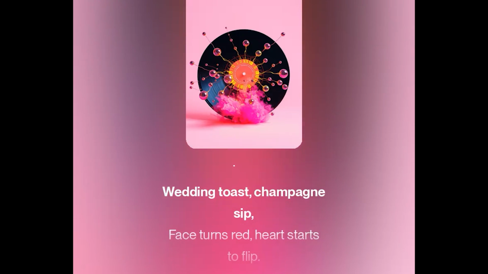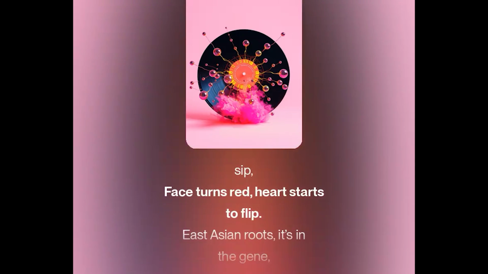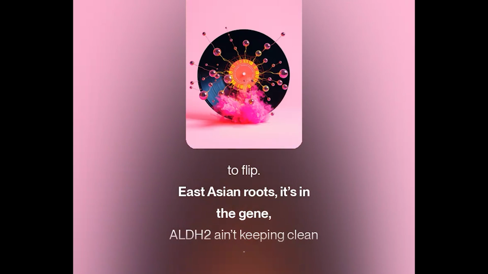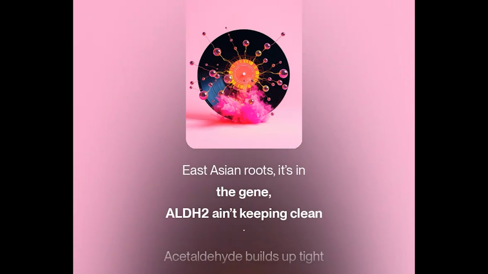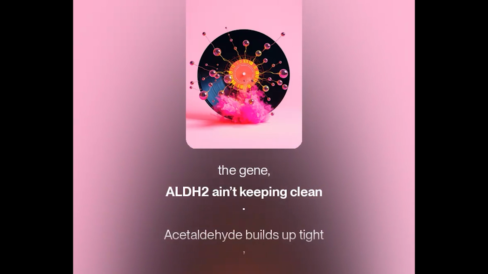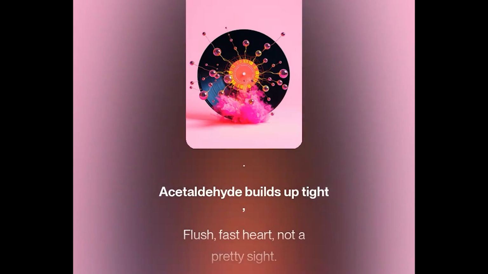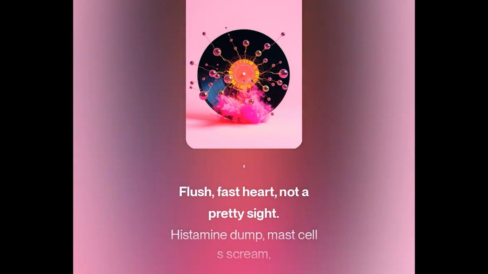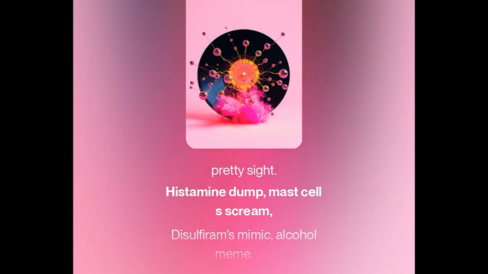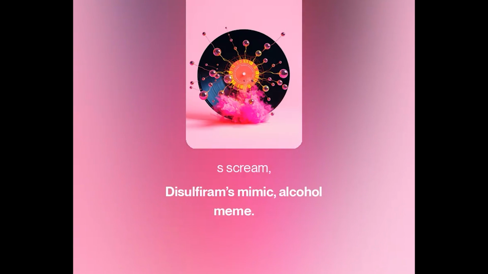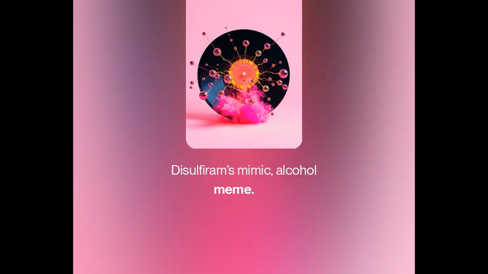Wedding toast, champagne sip. Face turns red, heart starts to flip. East Asian roots, it's in the gene. ALDH2 ain't keeping clean. Acetaldehyde builds up tight. Flush fast heart, not a pretty sight. Histamine dump, mast cells scream. Interference mimic, alcohol meme.